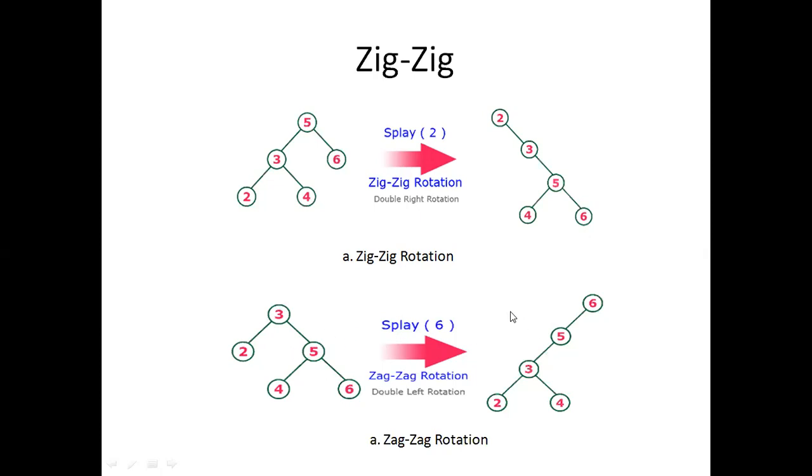So this is the final splay tree after Zag-Zag rotation. So in a Zig-Zig or Zag-Zag rotation, first we perform the rotation operation on the grandparent, then we perform the rotation operation on the parent.